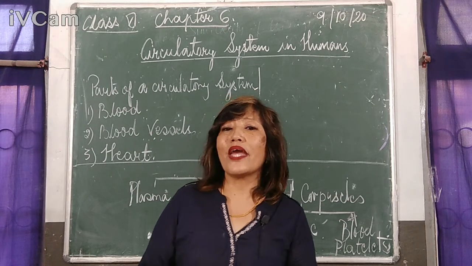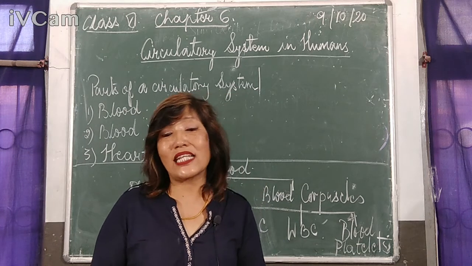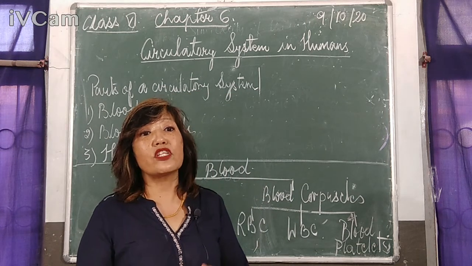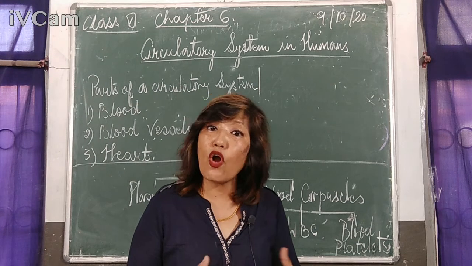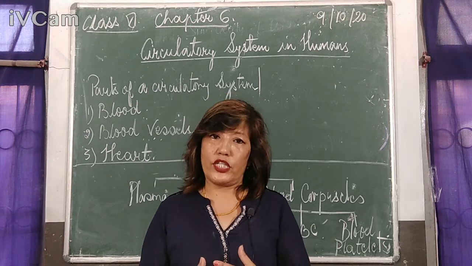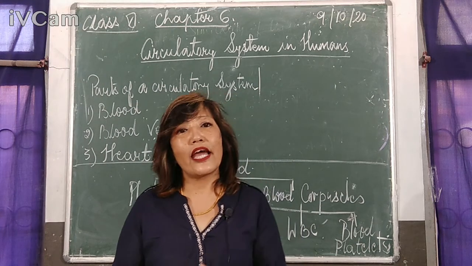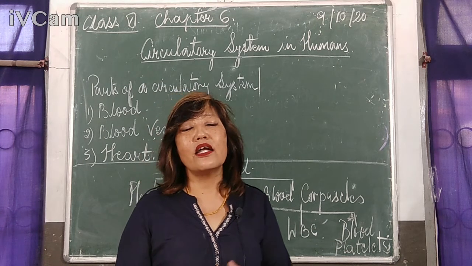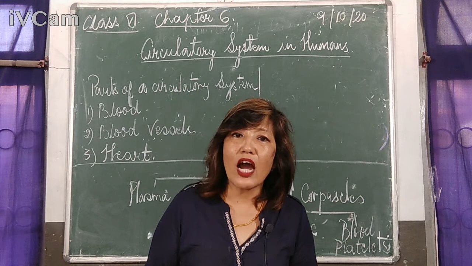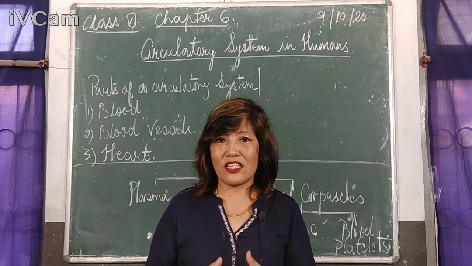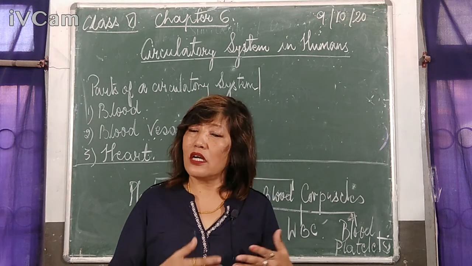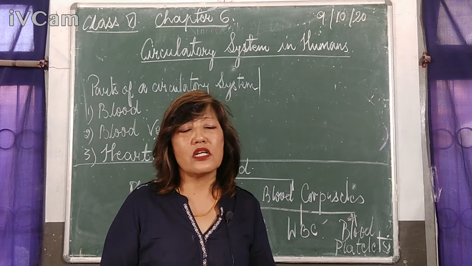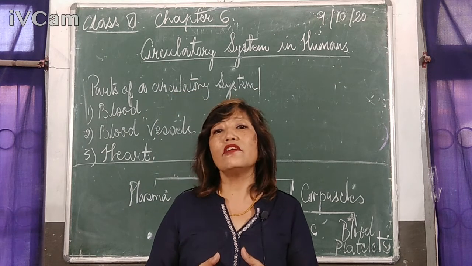Okay, so where are these lymph nodes located in our body? Now these lymph nodes are located all throughout our body. All right, then the lifespan of white blood cells ranges from 12 hours to 12 days. So some of them live for 12 hours, or some of them live for 12 days.